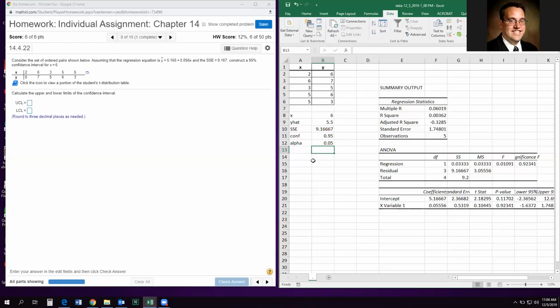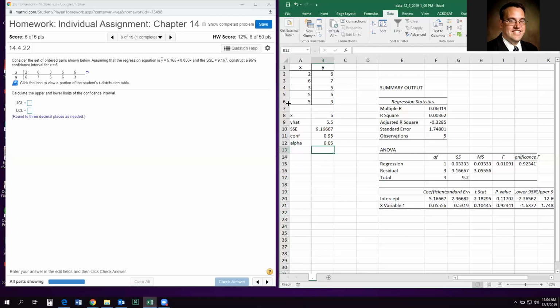And the really big factor is the square root of 1 over n plus x minus x bar squared over the sum of x squared minus the sum of x squared over n. Okay, so it's that big formula on page 665 in the book.